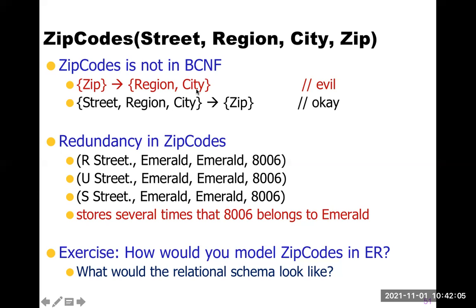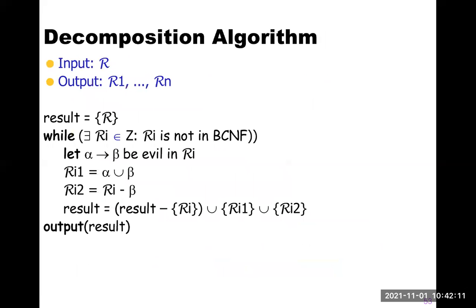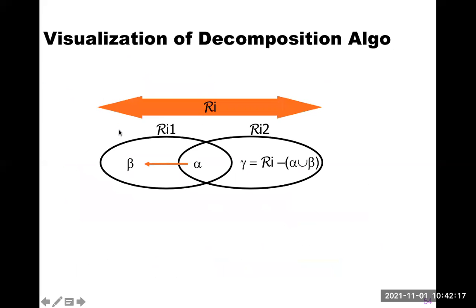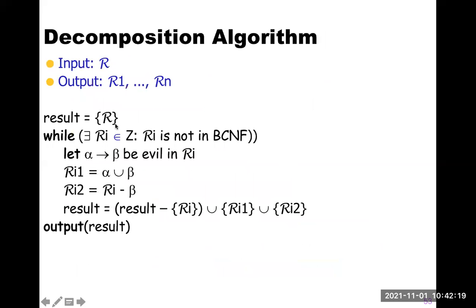So we need to have a table that keeps our data. So the result consists of a table R1, if our result, why is Z?